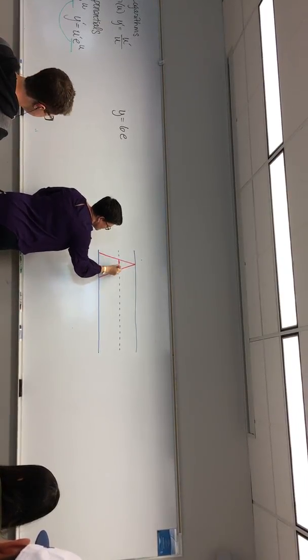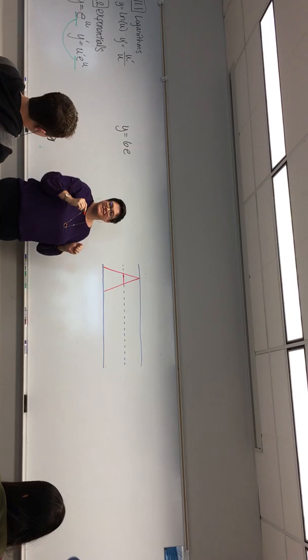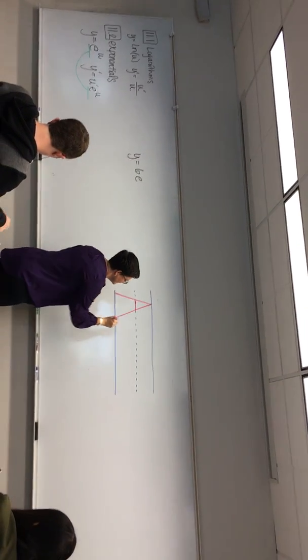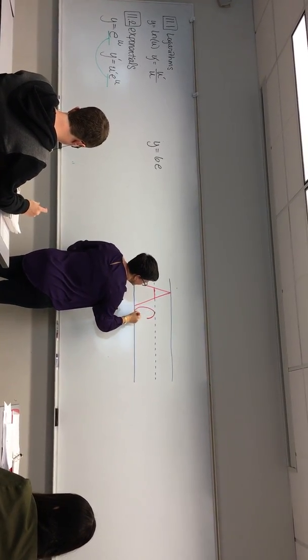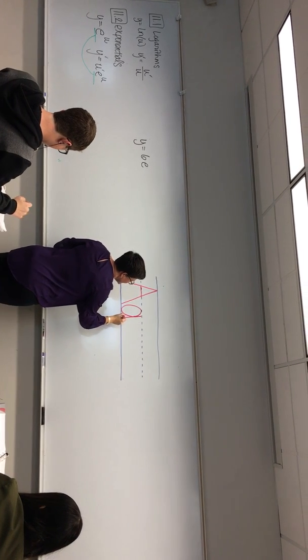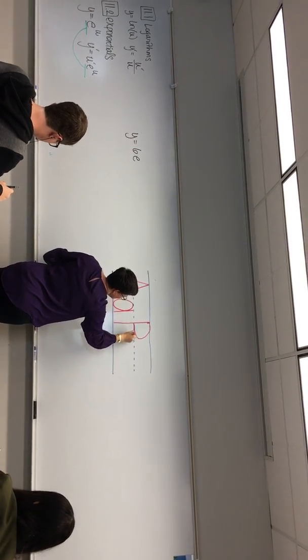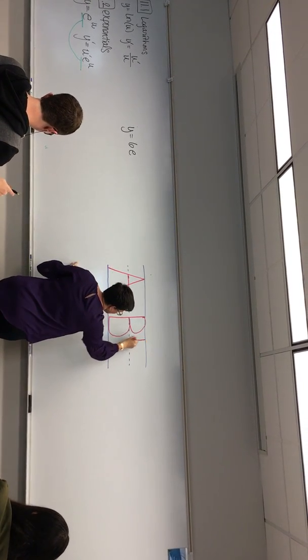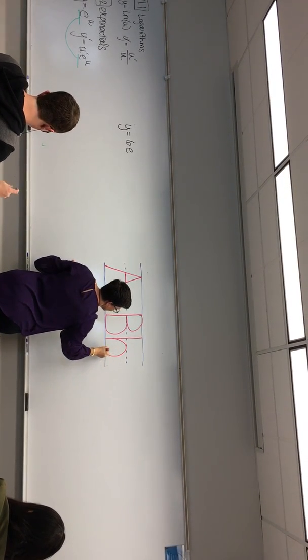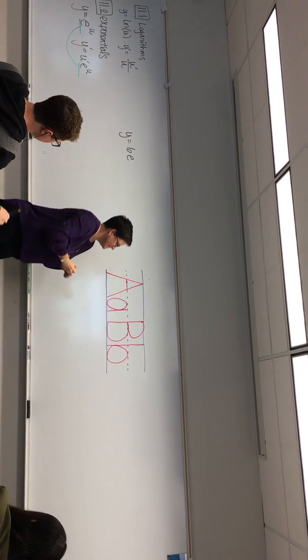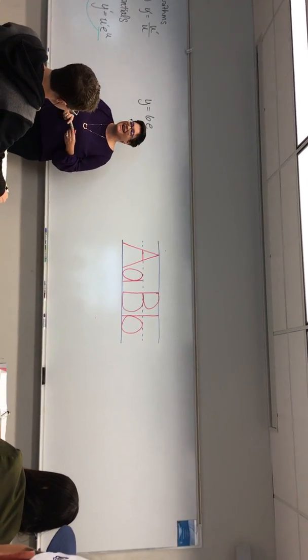They taught you using this dotted paper. Do you guys remember this? Oh yeah. The big A gets 2, the little a gets 1. The big B gets 2, the little b gets 1. Oh, you guys remember that?